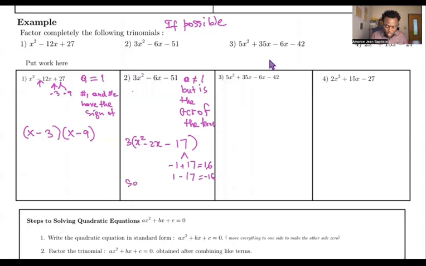So there is no pair of factors of negative 17 whose sum is negative 2. So you cannot factor this. Thus, x squared minus 2x minus 17 is prime. When it's prime, that means you cannot factor this trinomial.